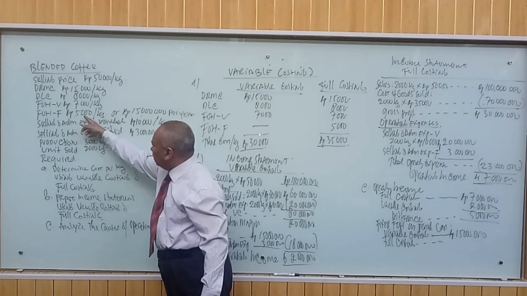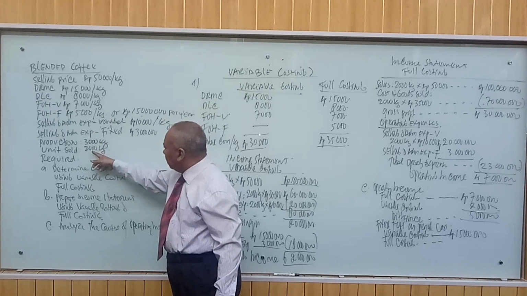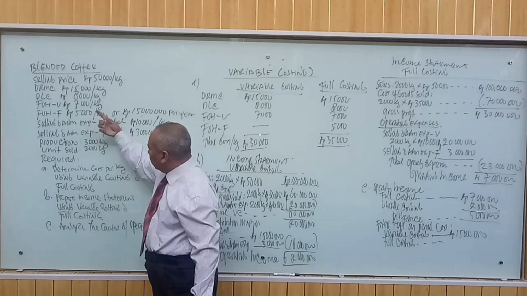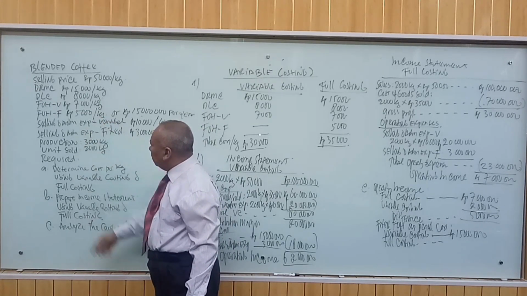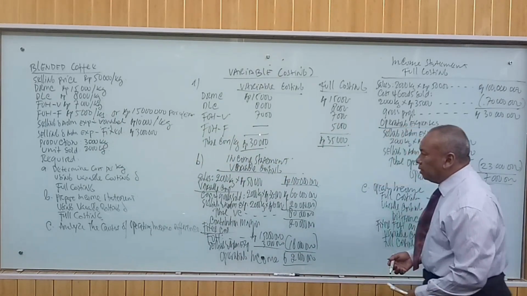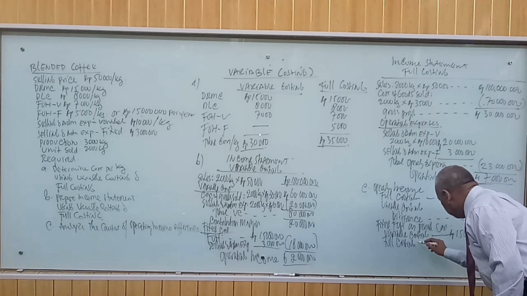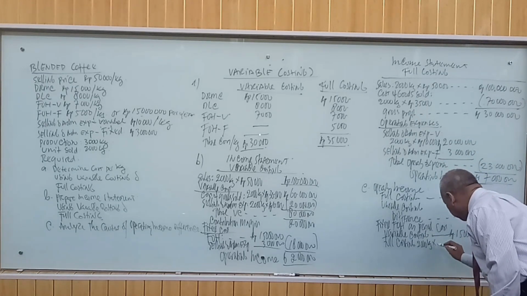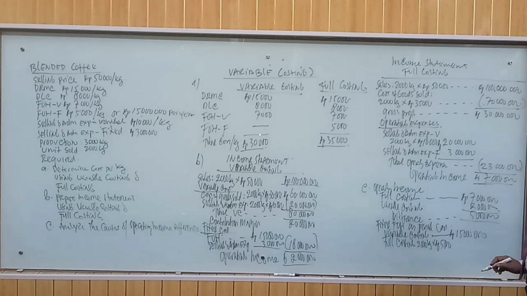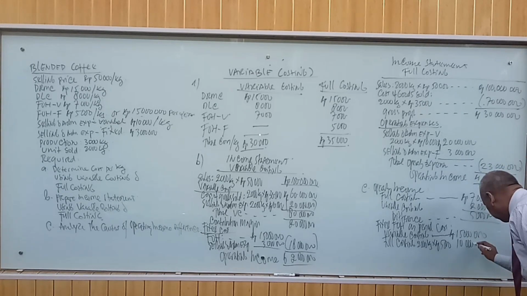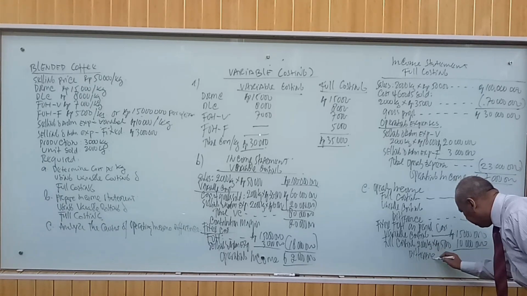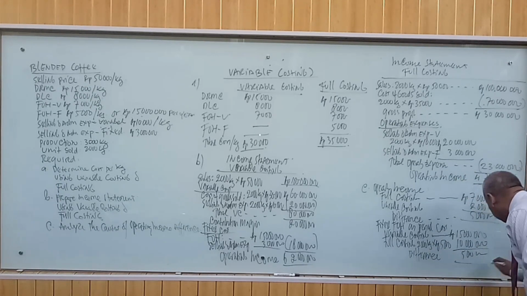Because the fixed factory overhead cost per unit is 5,000 and we sell 2,000, this is the fixed factory overhead in the cost of goods sold: 2,000 kg times 5,000 will be 10 million. So the difference here is the same, 5 million, same as before.